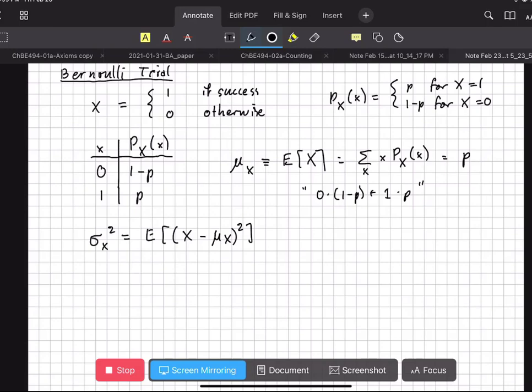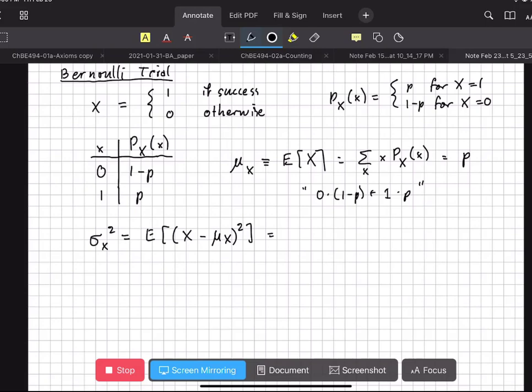Okay, so if you have a whole bunch of possible values of x, it makes a lot of sense to go to the expectation value of x squared minus the expectation value of x and then square that. Okay, that's your easy computational formula. But in this case, it's always nice to keep in mind that this is really what the variance is doing, is taking the expectation values of squared deviations from the mean.